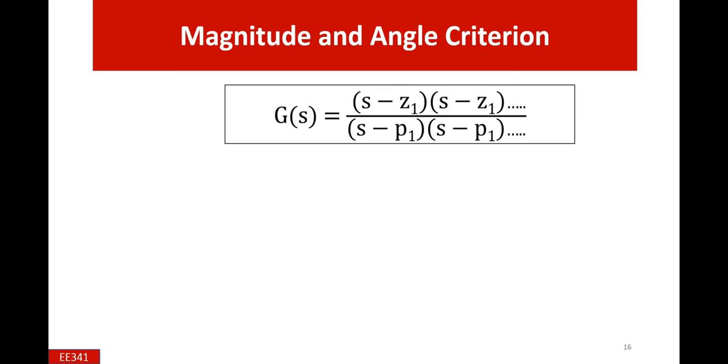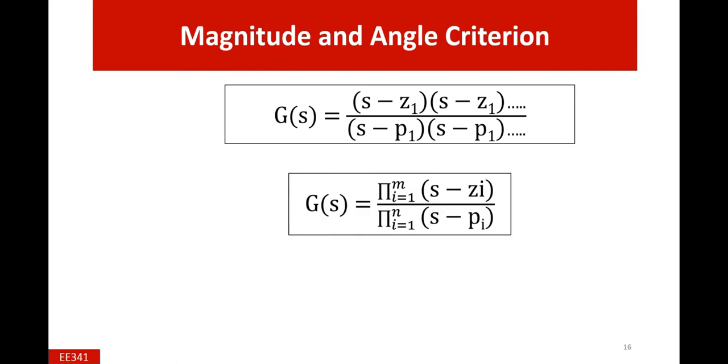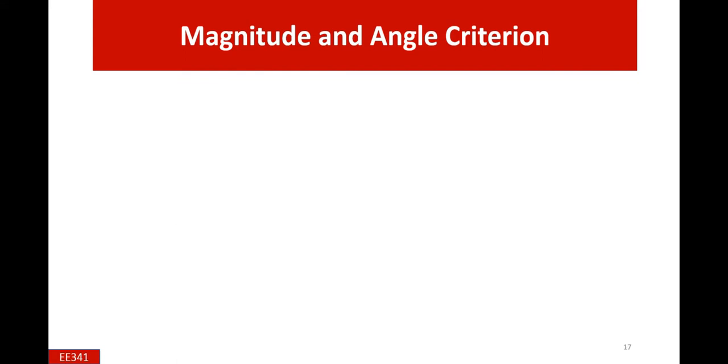If z is a real value, maybe -2 or -3, as usually we take, and s is complex, then it is the subtraction of a real number from a complex number. And similarly for the poles. It is in the form of a product.